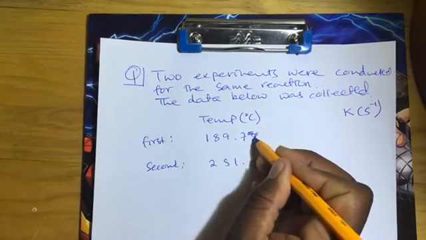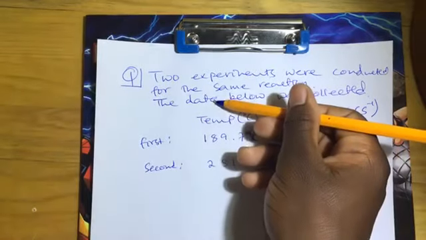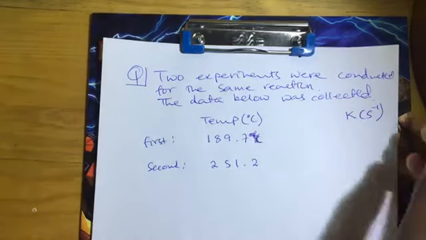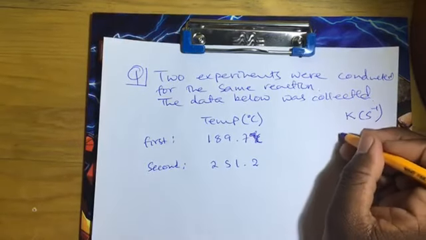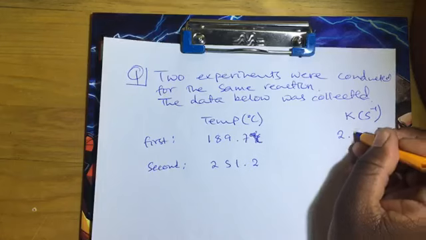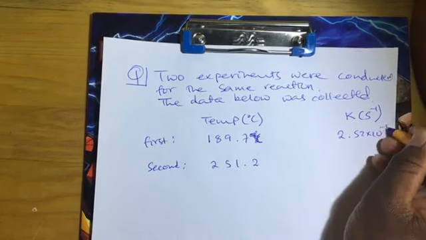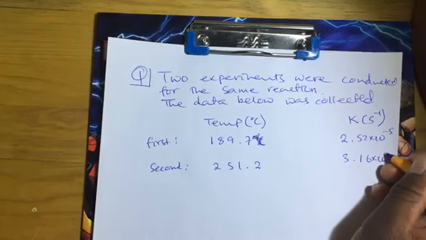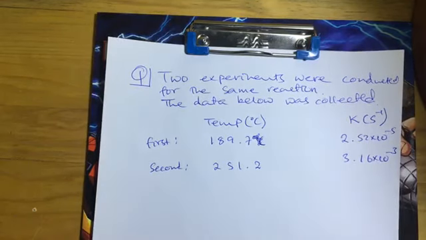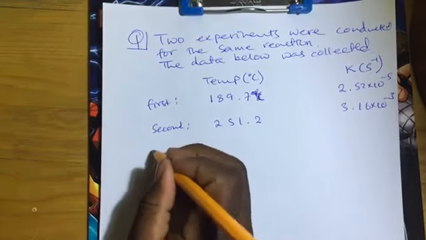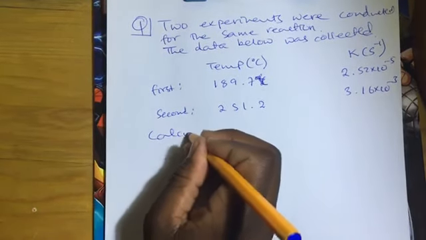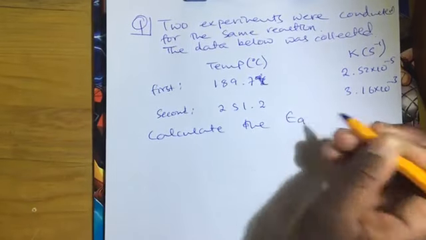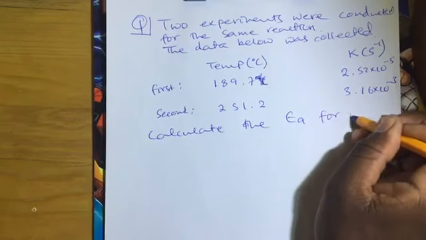We don't need to include degrees Celsius because they've told us that everything below here has degrees Celsius. Then the first constant is found to be 2.52 times 10 to the power -5. Second constant is found to be 3.16 times 10 to the power -3. Okay. Then they ask us to calculate the activation energy for the reaction.